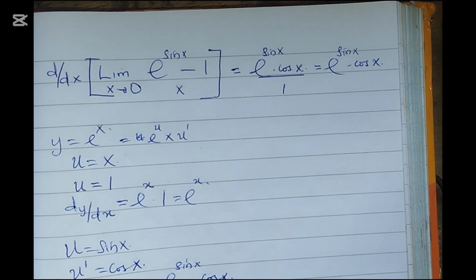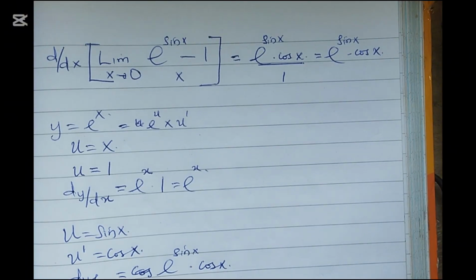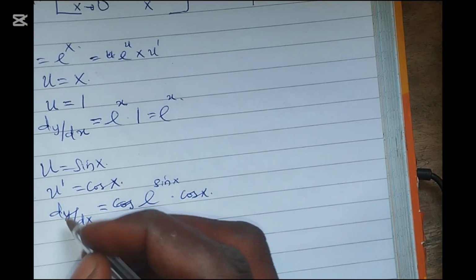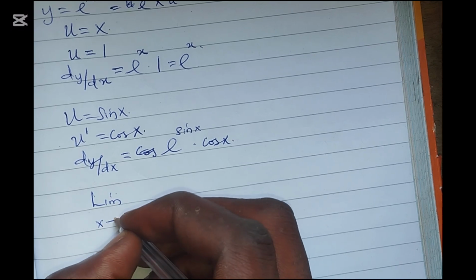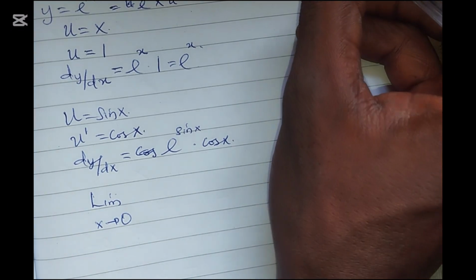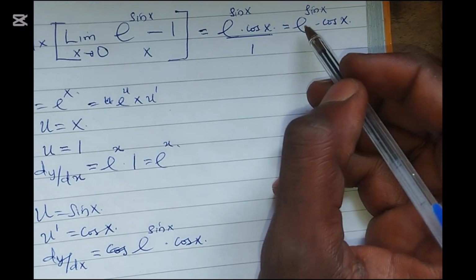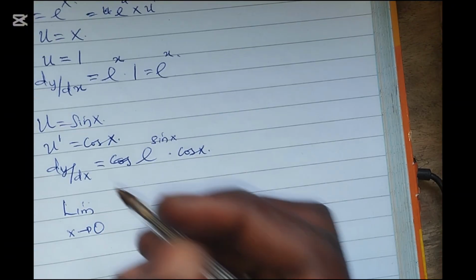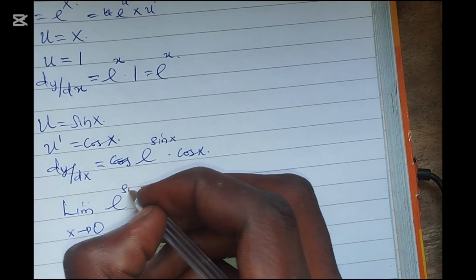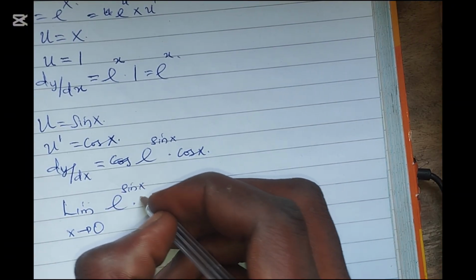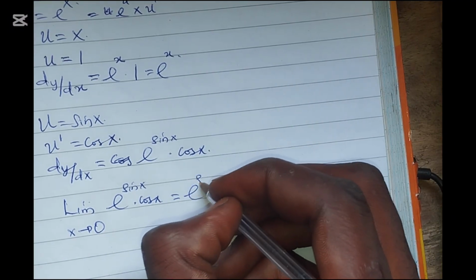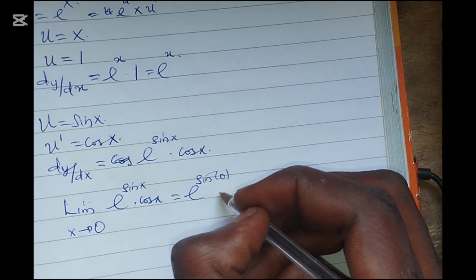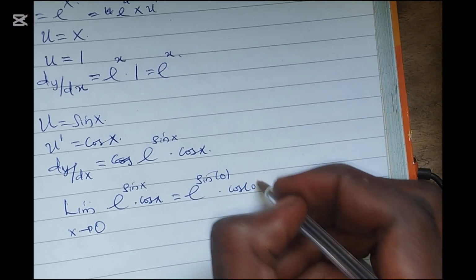At this point, we can apply our limit. So the limit as x tends to 0 of this function is equal to e to the sine x times cosine x, which equals e to the sine of 0 multiplied by cosine of 0.